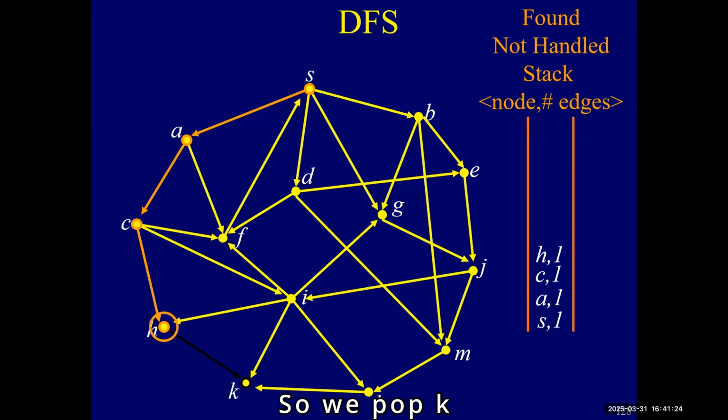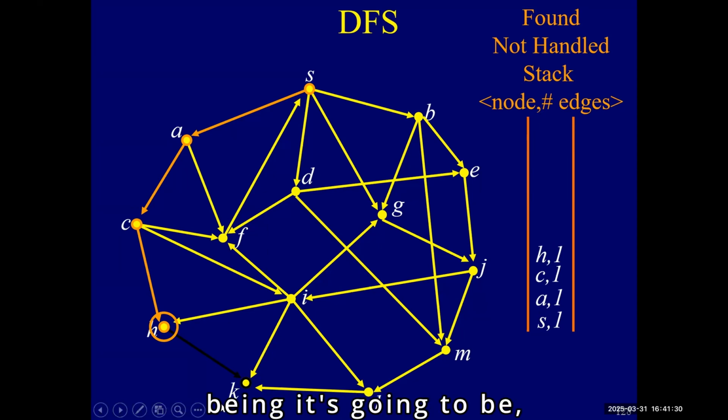So we pop K off the stack, right? And as we pop it off, we change the color to being part of our depth first search tree, right? The orange stuff will also be part of our depth first search tree, but right now it's on the stack, right? Everybody see that?